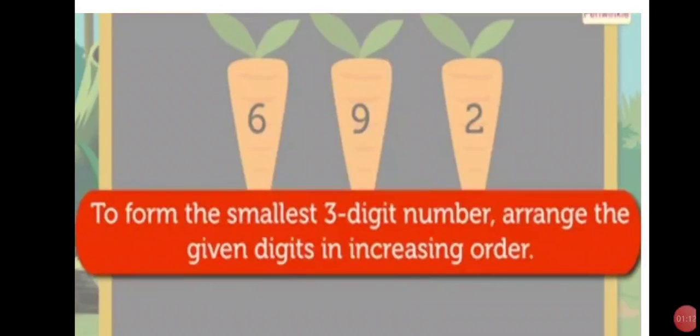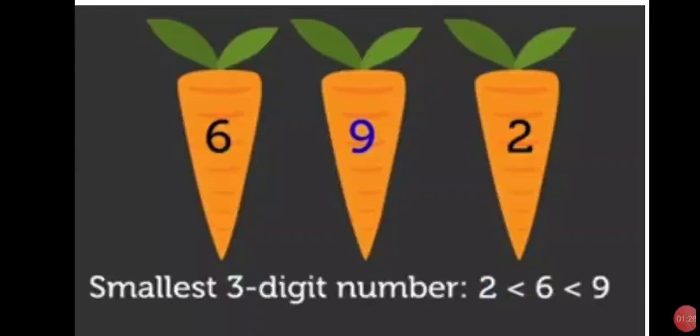So as I've told you earlier, to form the smallest 3-digit number, we arrange the given digits in increasing order or in ascending order. That means from small to big. So here the increasing order is 2, 6 and 9, because 2 is the smallest number and 9 is the greatest one.